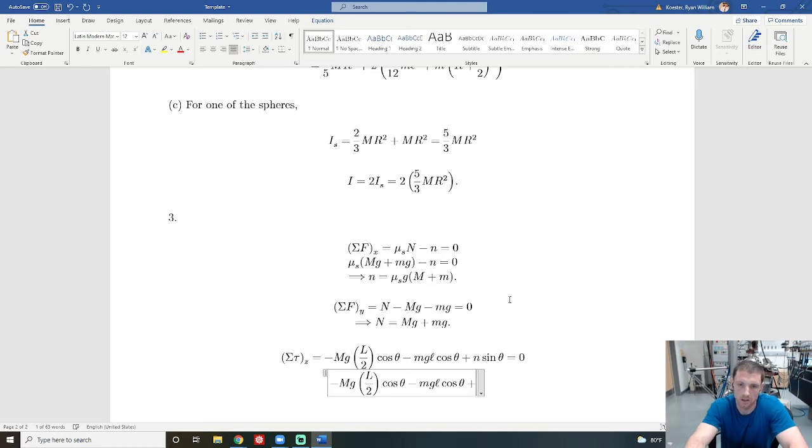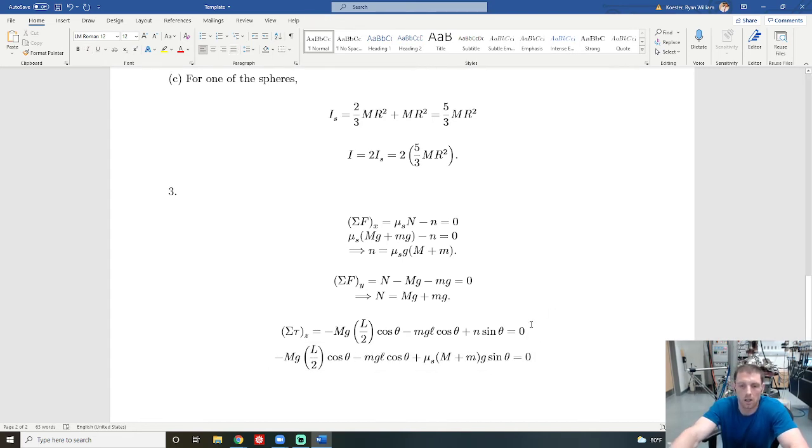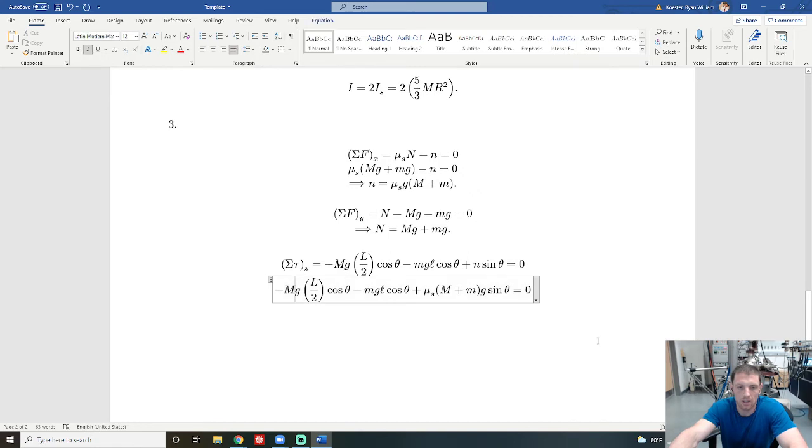So we're going to write mu sub s big M plus little m g sine theta equals 0. And we can actually cancel the factor of g because that's everywhere.